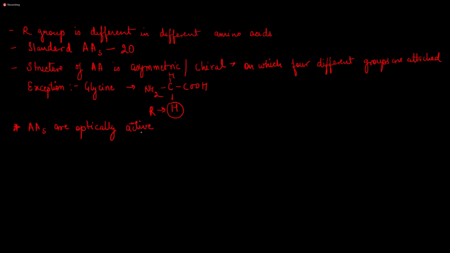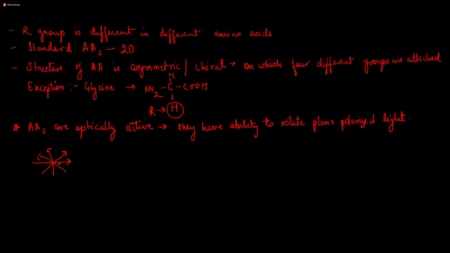Now, what does it mean that amino acids are optically active? It means that they have the ability to rotate plane polarized light. What I mean by this sentence, you can see through this figure. The light rays exist in different planes.